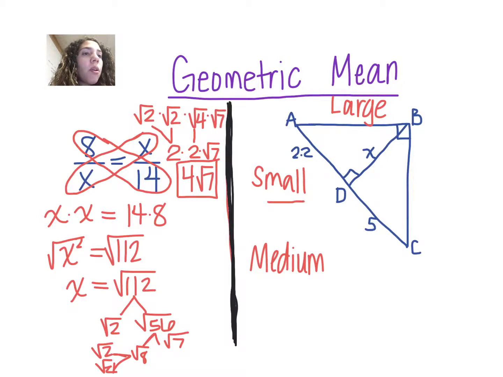So my small and my medium, I'm going to draw in the same orientation where my 90-degree angle is right here. Okay. So what I would have is my X is right here, and then AD is going to correspond with AB on the larger. So that's going to put my 2.2 right here.